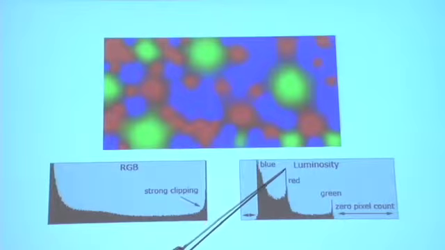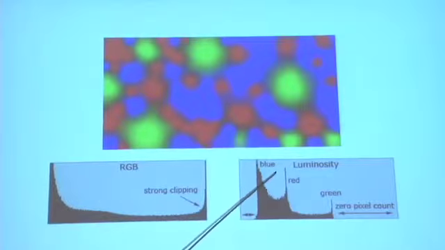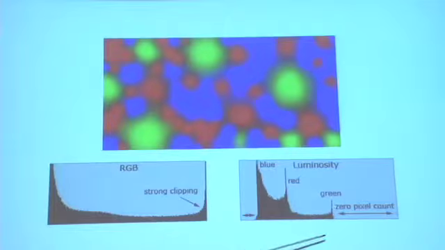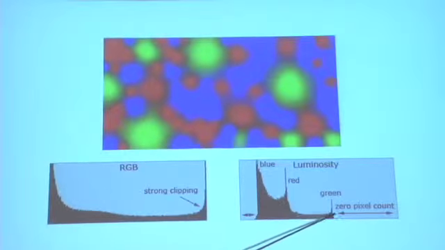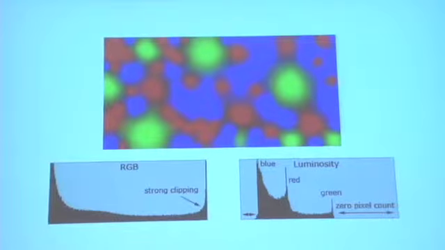So you could say that, okay, well, there's a lot of very red pixels, but it looks like there's only maybe like 80% of the number of blue pixels. And sure, green is brighter, that's why it's up to the right over here, but there's only like 30% of really green pixels. And we can see that in the image as well. There's less green than there is blue and red.